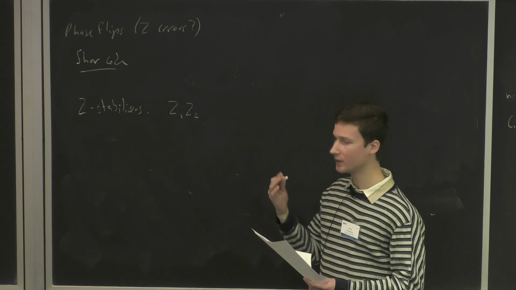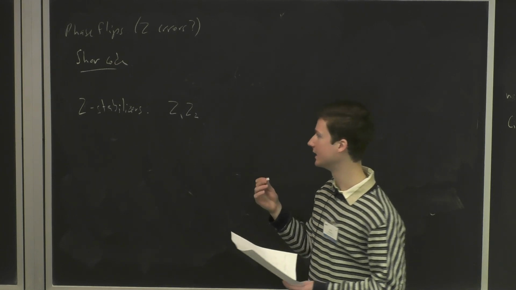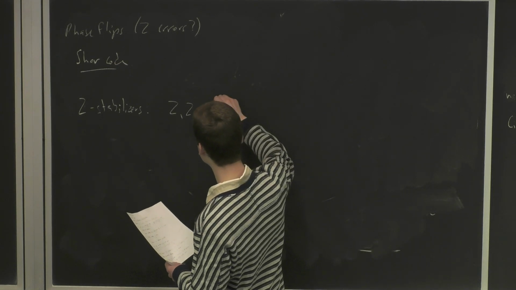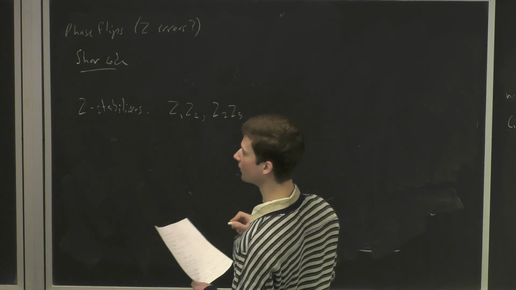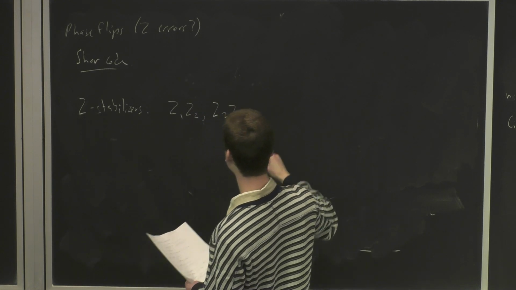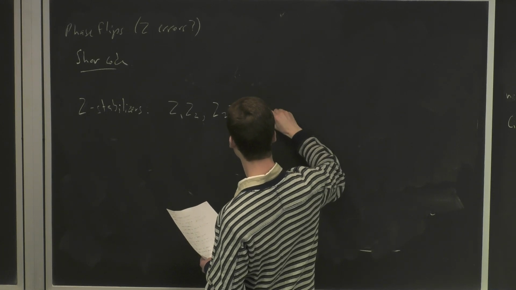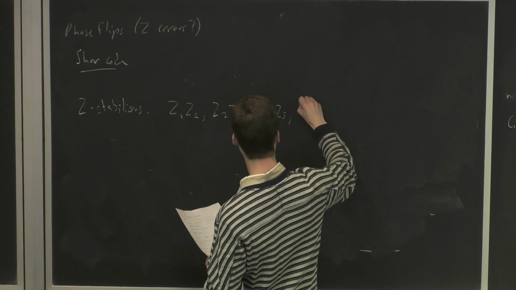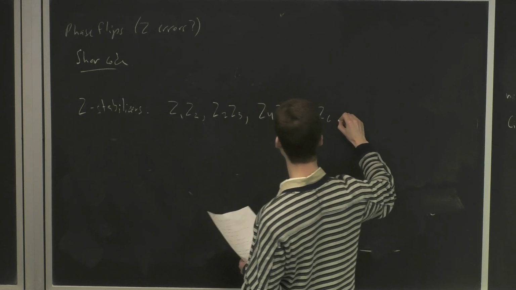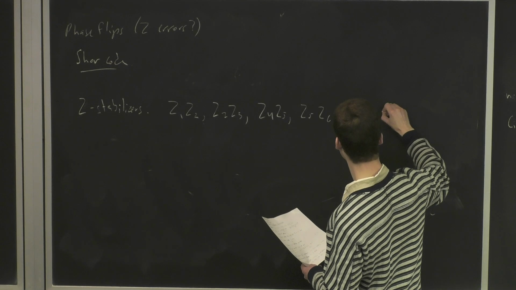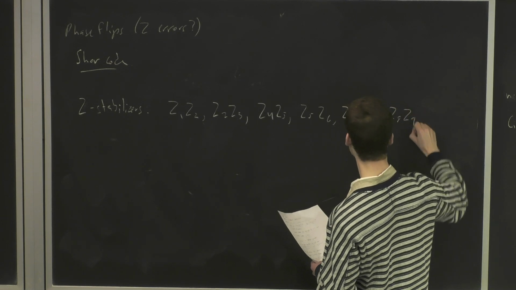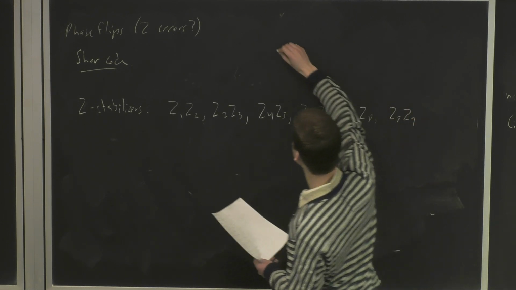So essentially, we're going to have 3 copies of the classical repetition code Z stabilizers. So we have Z1, Z2, Z2, Z3. I don't know if I still have the Shor code up. Z4, Z5, Z5, Z6, and Z7, Z8, Z8, Z9.